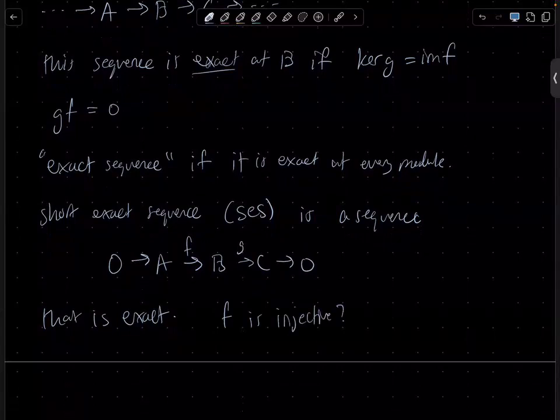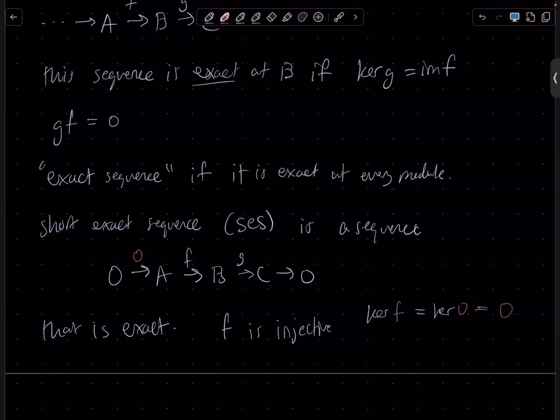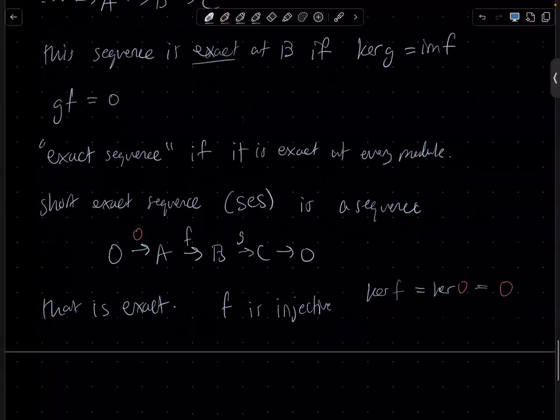Why is this true? Well, we need the kernel of F to be the image of this first red zero morphism. So the kernel of F is equal to the kernel of this red zero map, which is equal to 0. Great, which is the trivial kernel characterization. So F is injective. Similarly, you can see that G is surjective.